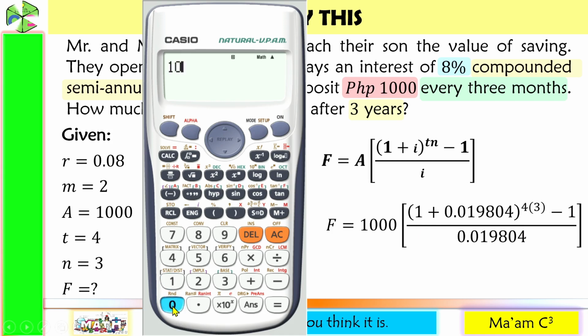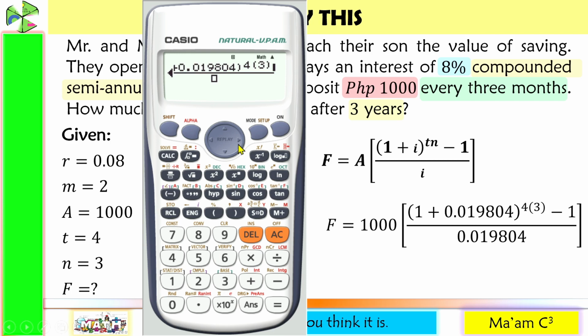Let us input our values. We have 1,000, open parenthesis, fraction bar, open parenthesis, 1 plus 0.019804. Close parenthesis. Our exponent is 4 times 3. Close parenthesis.